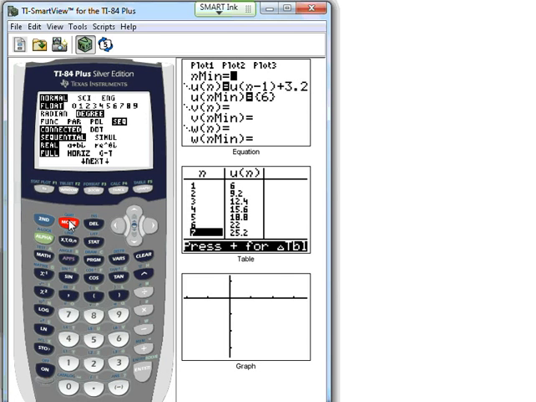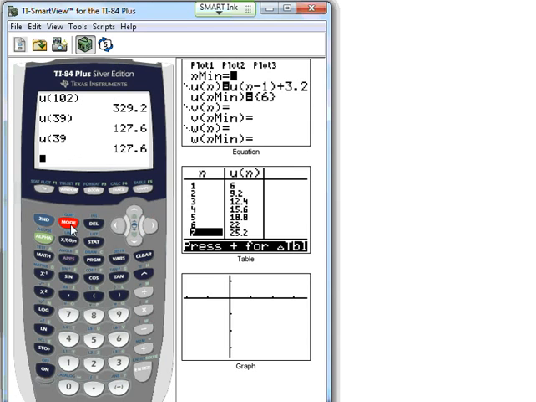We want to be in sequence mode. Now, once you get it, you move down to that, and then you go over here and you hit enter when you're on sequence mode. Okay, once you're in there, then quit out of it, go second quit. It's right above mode, second mode. Just quit. And you're quitting out, and then you're going to hit clear, so now you have a nice blank screen.